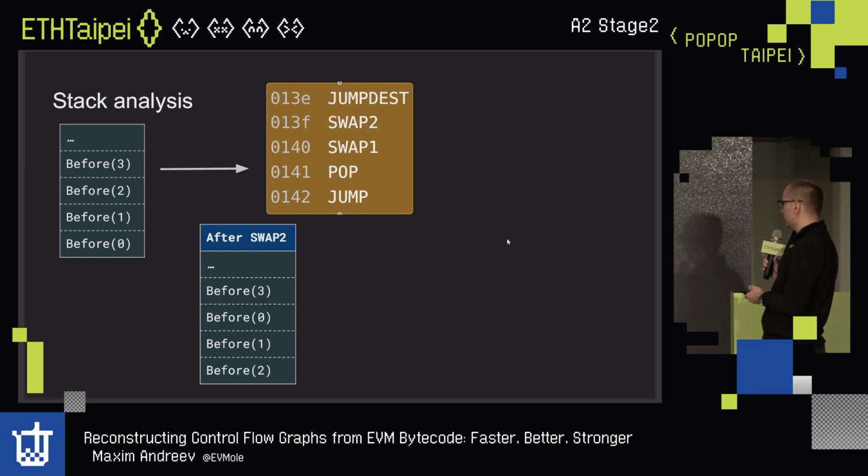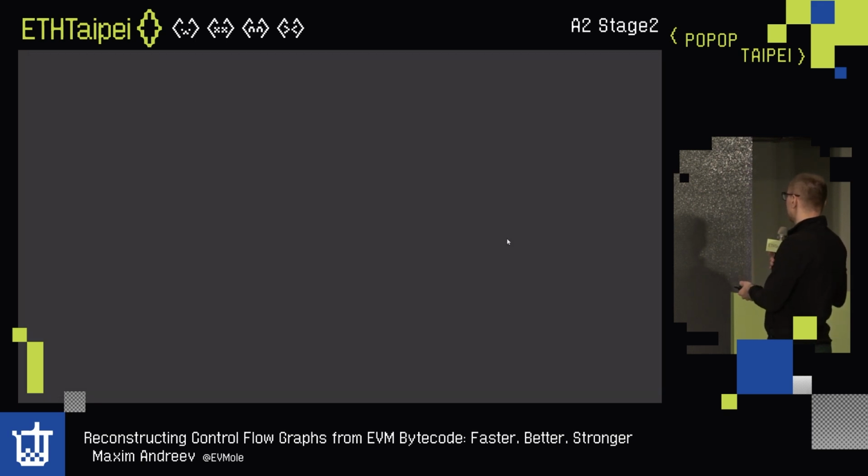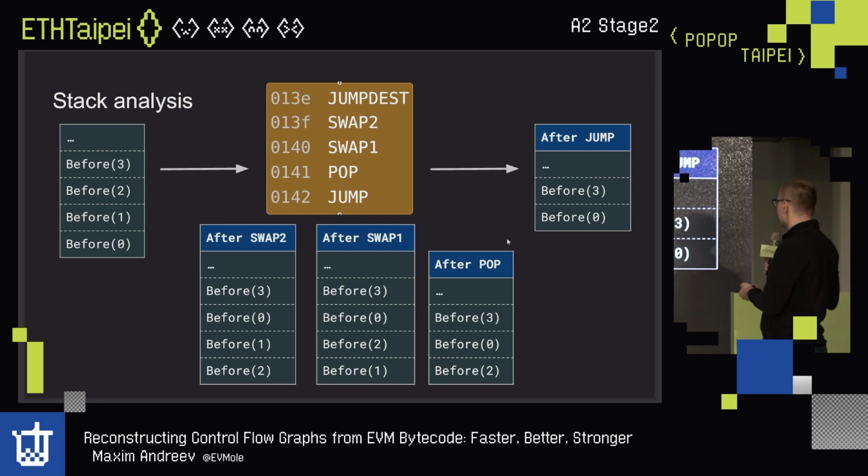Swap 2 swaps two values, 0 with 2. So the stack looks like this after swap 2, after swap 1 like this, after pop like this, and after jump like this. Here we can see that the jump destination is before 2.